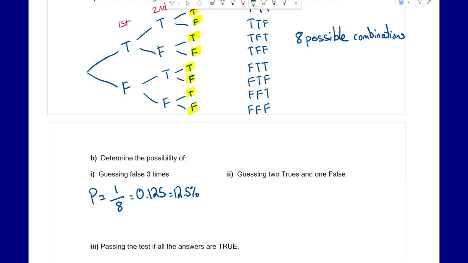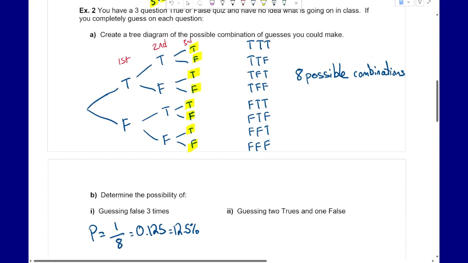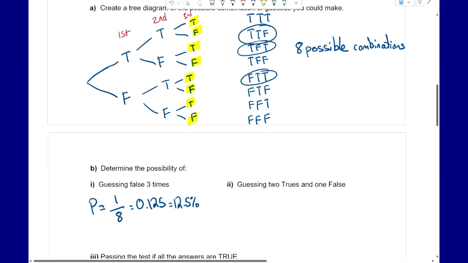Guessing 2 trues and 1 false. So if I look at them, I have this option, this option, this option. So I have 3 options, right? Sometimes listing out all the different combinations is helpful because it's easier to read rather than having to go through and look back, but it's dependent on what you find easier.